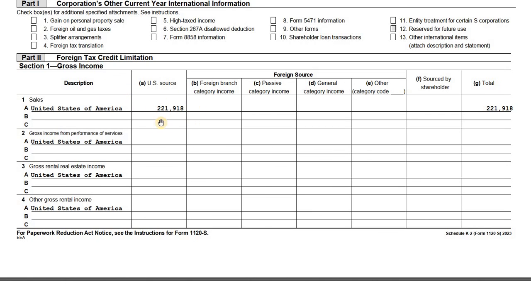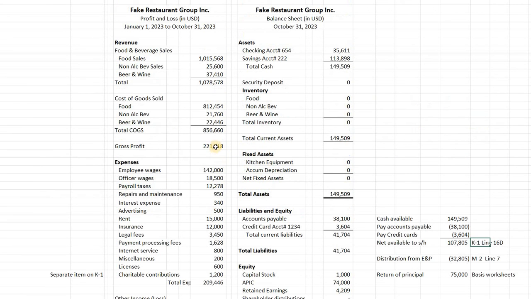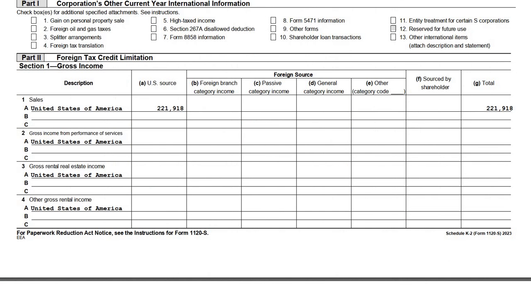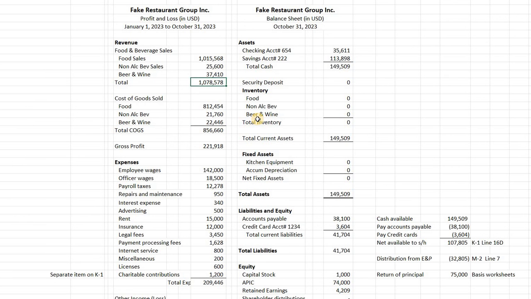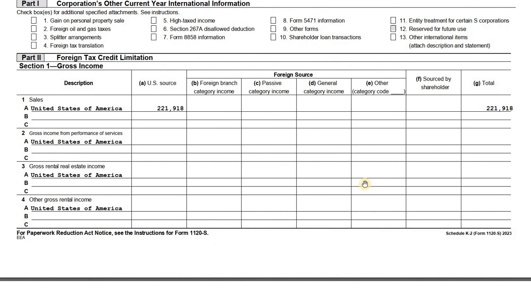So this sales figure, $221,918, that's actually the gross profit up here, right? So it's the total sales minus cost of goods sold. In other words, you don't actually report the full 1.078 million as the sales. You can just do it net of cost of goods sold.